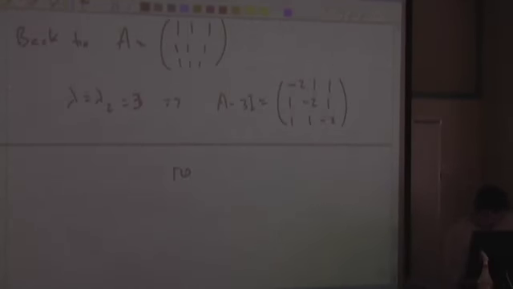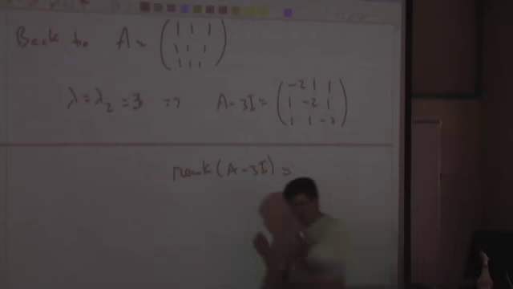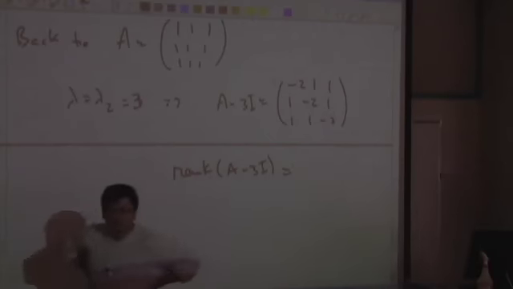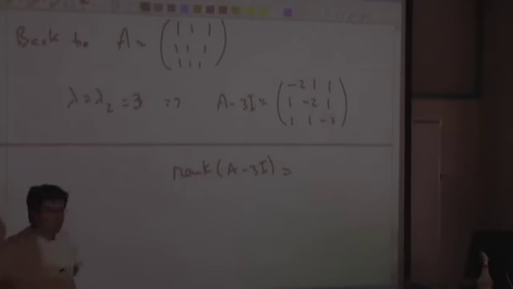So it means the matrix A minus 3 identity is negative 2, 1, 1, 1, negative 2, 1, 1, 1, negative 2. And what is the rank of this? Well, it's the maximum number of independent columns, right? How do we compute the rank of a matrix?